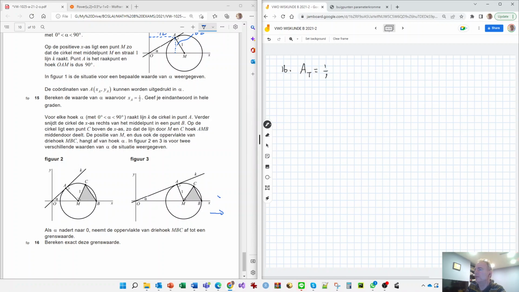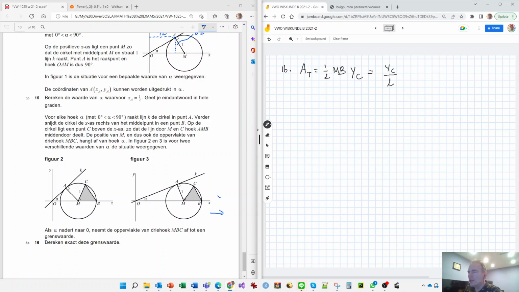So 1/2 MB times the altitude, which is the y of C. And y is greater than 0 is given here. And MB is 1, so I just get yC divided by 2. Okay, so I have to find yC as a function of alpha and then show that it has a limit.